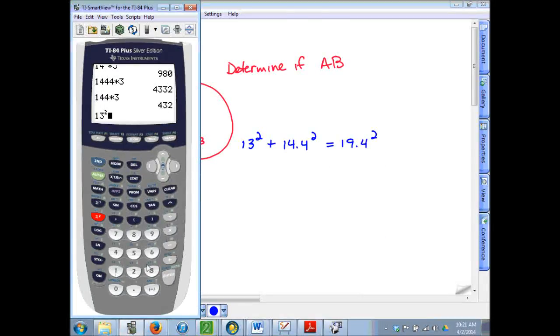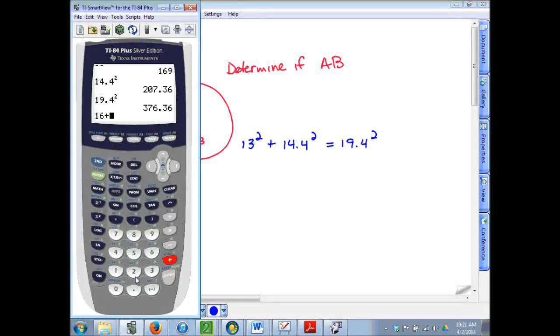So 13 squared is 169. 14.4 squared is 207.36. 19.4 squared is 376. So if I add 169 to 207.36, that's supposed to equal 376.